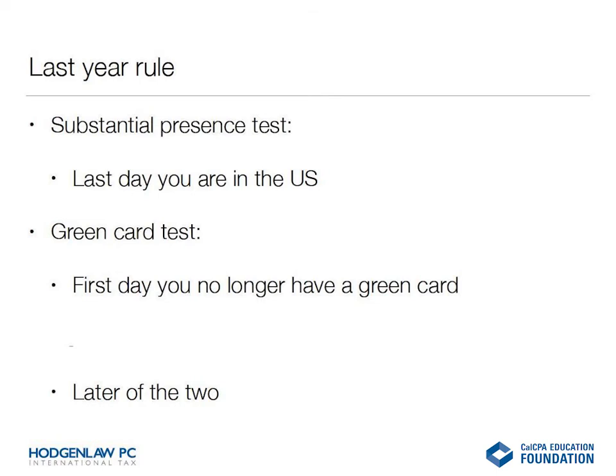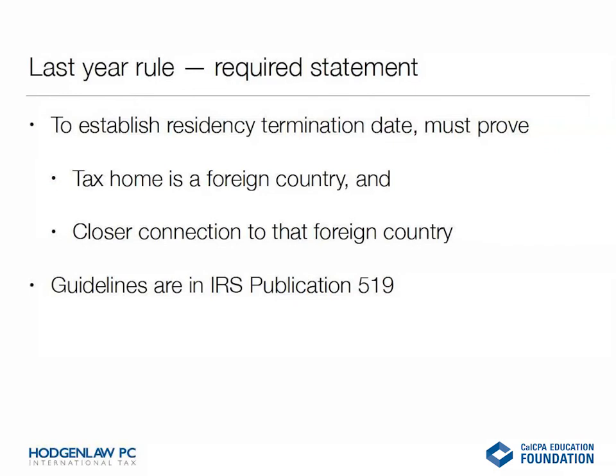Now, in the last year, there's actually a statement that you would need to establish an earlier residency termination date than the default. Because under the default rules, you would actually use December 31st as the end of your U.S. residency for that year.